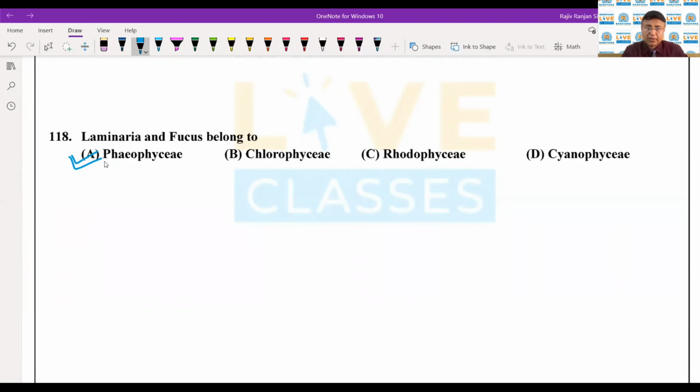Their body is brown due to presence of the pigment fucoxanthin, as I have just already mentioned that fucoxanthin is the special xanthophyll, a special carotenoid that is found in the body of the brown algae, and they just impart the brown color to the body of the brown algae. So laminaria and fucus both are the members of the class Phaeophyceae of algae.